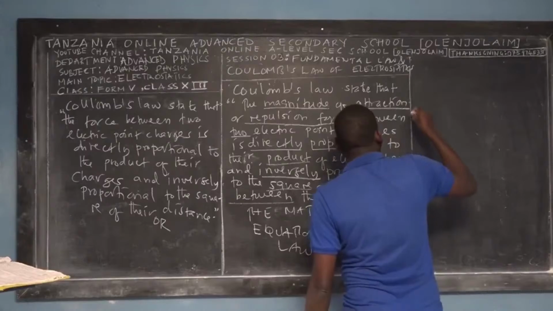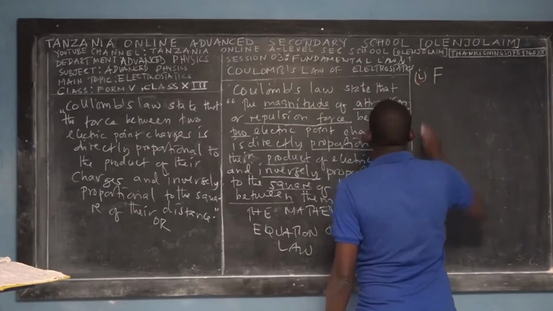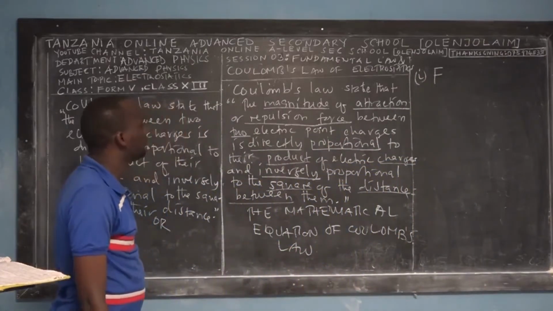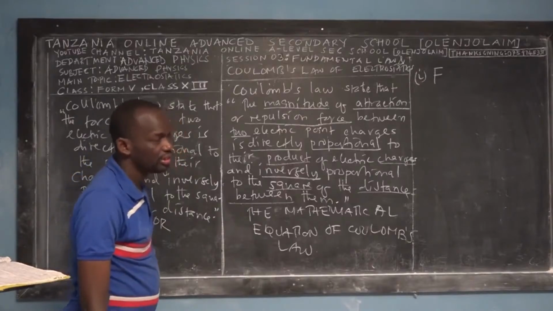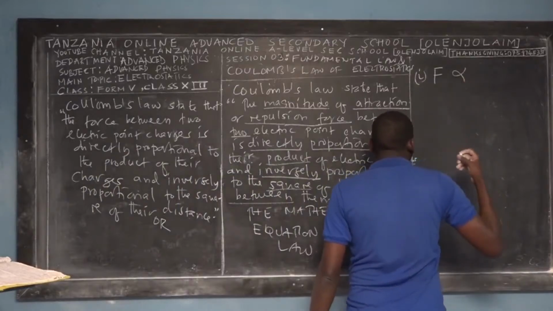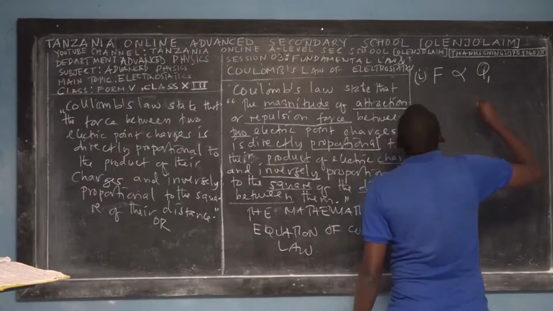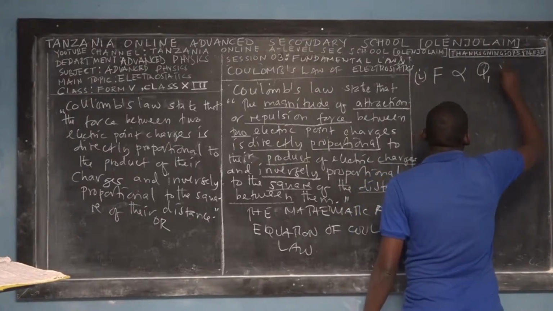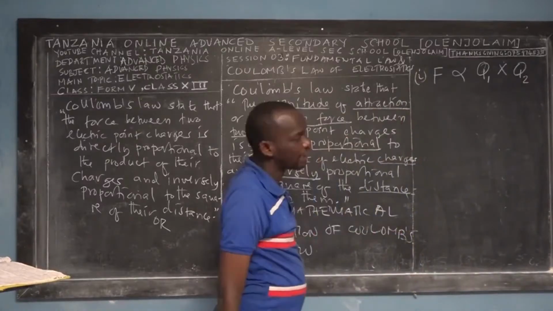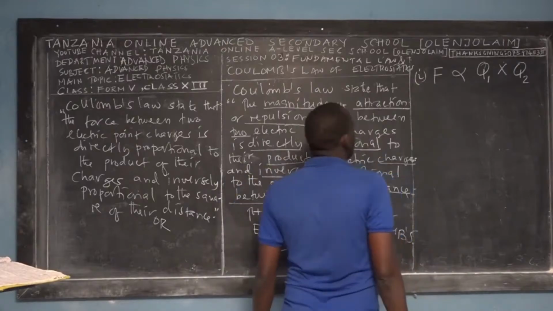The magnitude of the force of attraction or repulsion between the two electric point charges is directly proportional to the product: the quantity of charge 1 times the quantity of charge 2.